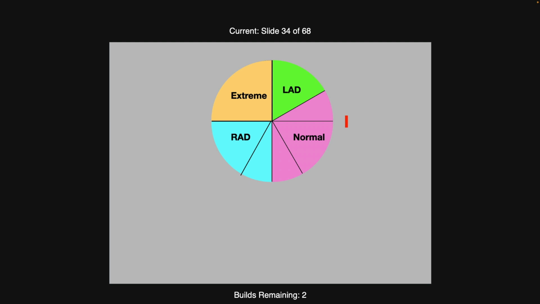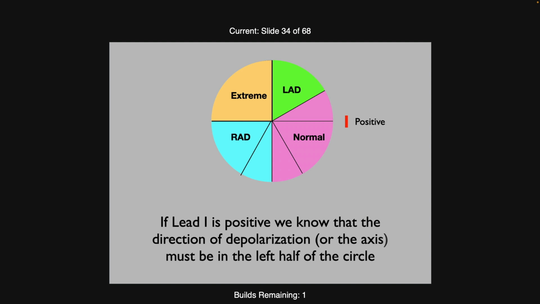And we know that if lead 1 is positive, then the direction of depolarization, which is the axis, is going to be somewhere in this half. Okay? So if lead 1 is positive, we've narrowed it down. If lead 1 is positive, the axis is either this or that. What's the answer?